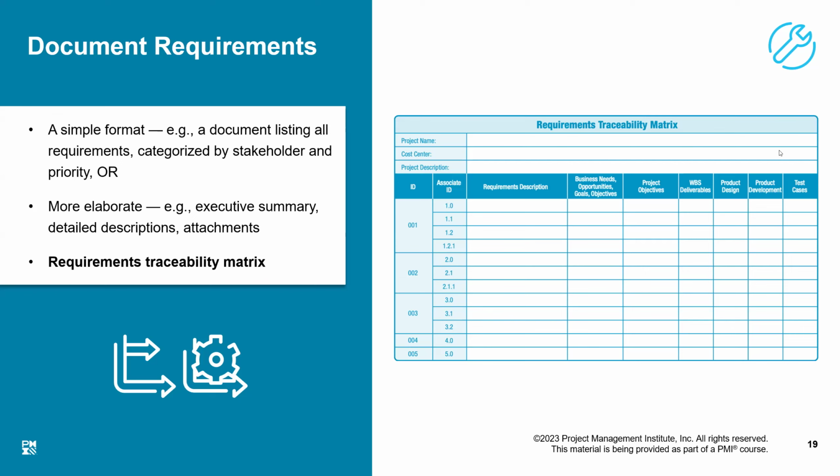Which work breakdown structure deliverables will be affected by this requirement? And what will be the effect on the product design, on the development, and what will be the test cases for this requirement?